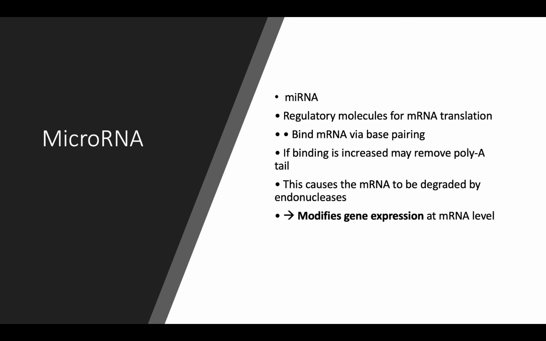At the RNA level, what you have is the regulatory element that can change transcription and translation at the mRNA. mRNA can bind messenger RNA by base pairing. If there is extensive binding, it removes the poly-A tail, so the cell recognizes right away that this mRNA is old, and endonucleases come and degrade it. This is how microRNA can regulate gene expression.